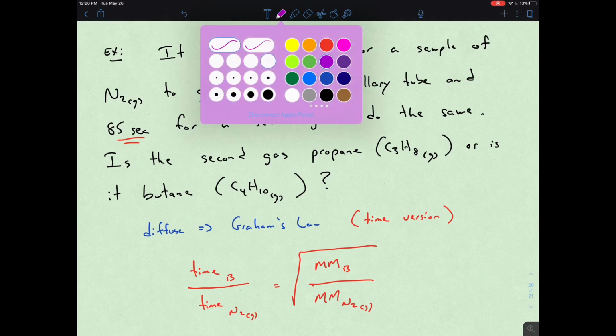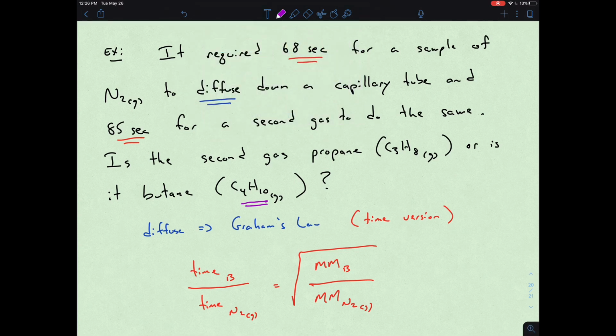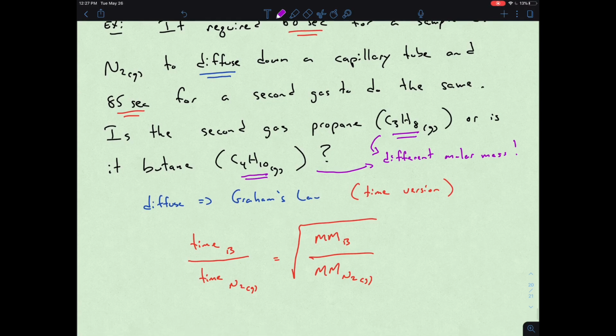And both of these, my C4H10 and my C3H8, which we're comparing as the second gas, have different molar masses. So that's how we can determine which gas it is: we solve for the molar mass of gas B, and then figure out whether it is propane or butane.